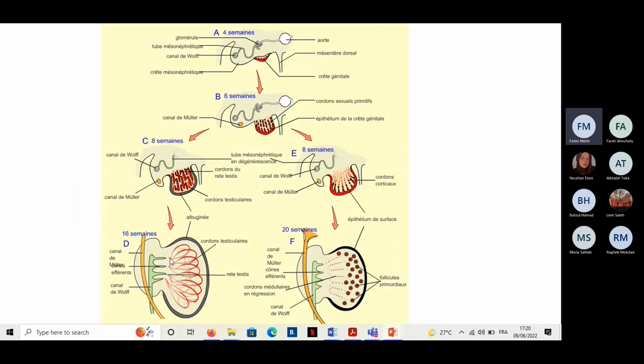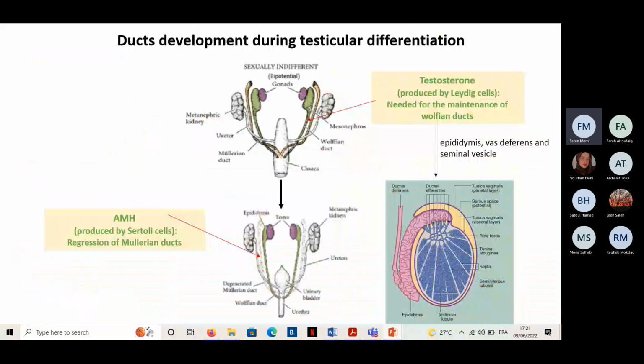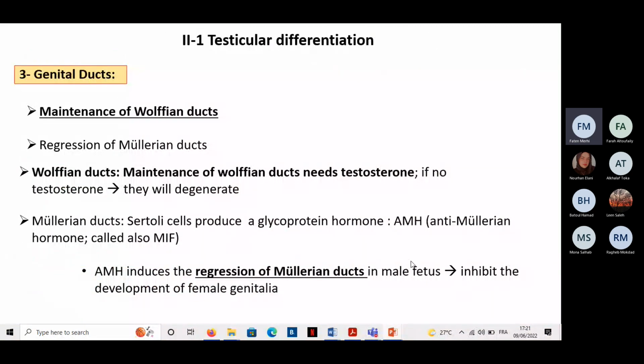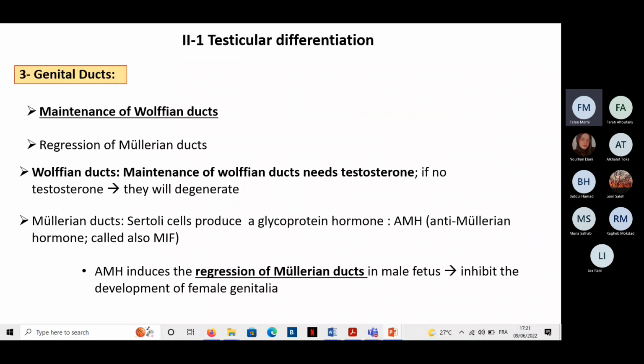That's why it is important to have the Sertoli cells well developed, and it is important to have this AMH hormone produced by the Sertoli cells because this will lead to the degeneration or regression of the Mullerian ducts in the males and will lead to the correct development of the male genitalia in the males. If this Mullerian duct is not degenerated, the person carrying the male will carry also female genital organs.